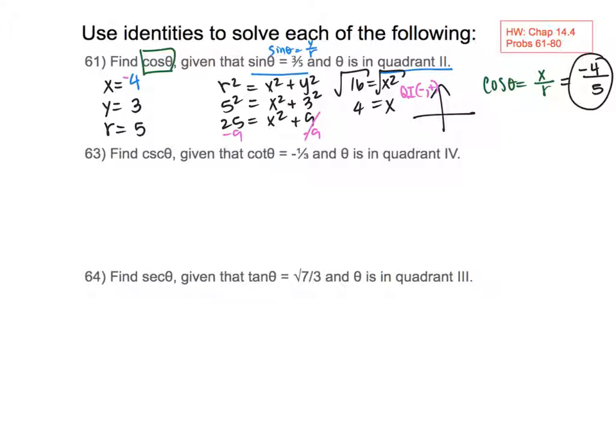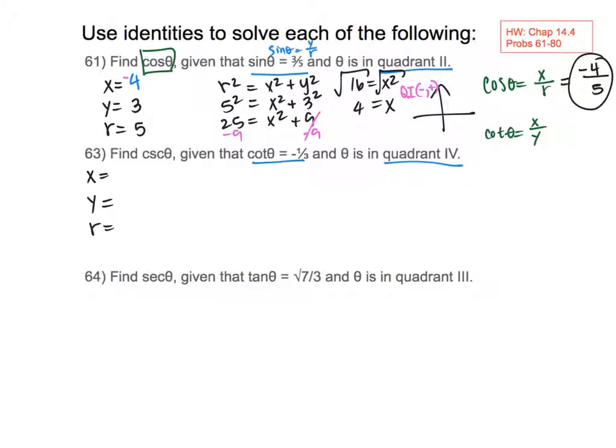All right, let's do another one of these. So this one here, we're going to do the same things. We've got to take these two trig functions into account and the quadrant. So first, we're going to name down what our x and our y and our r are. Now, we're given cotangent. Okay, so just to remember our trig functions here, cotangent, if you look back at your notes, is going to be, I'll write here on the side, your x over your y, okay?